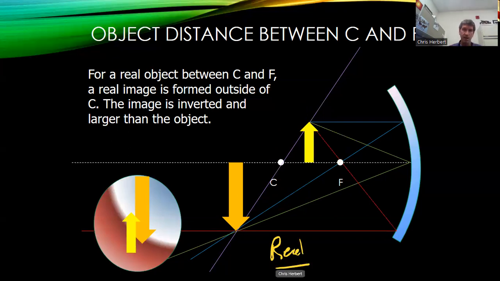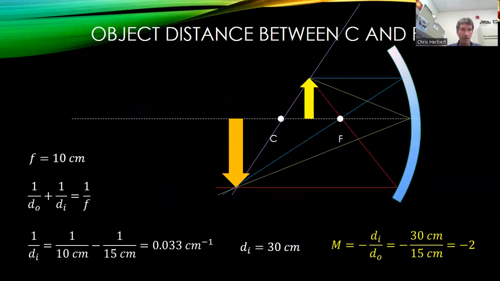The image is sitting on the side of the mirror where the light is passing. When we do our calculations, we've moved the object to 15 centimeters. That gives me an image distance of 30 centimeters. And because the image distance is now twice the object distance, we get a magnification still upside down, still -2, still negative.